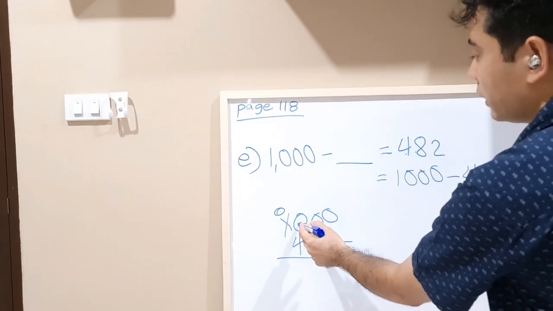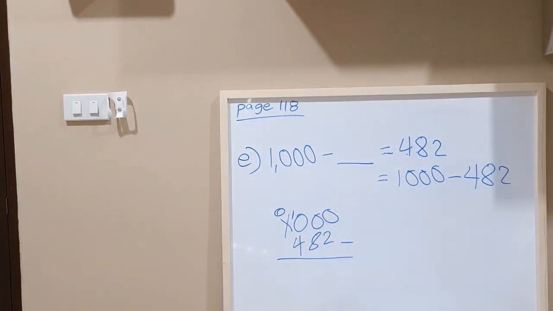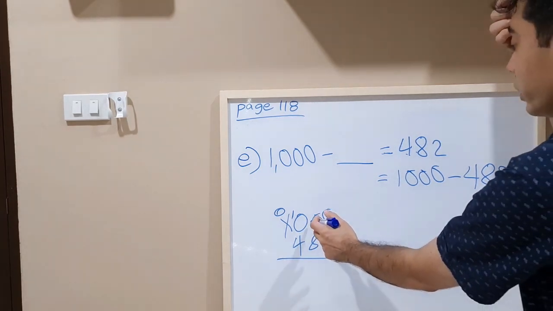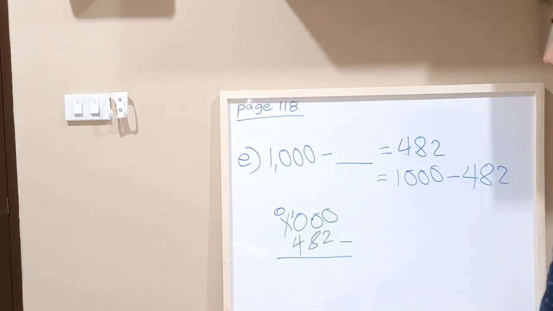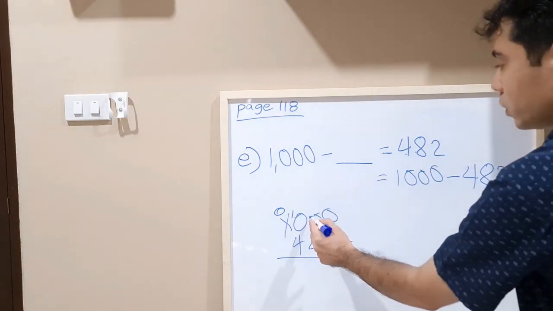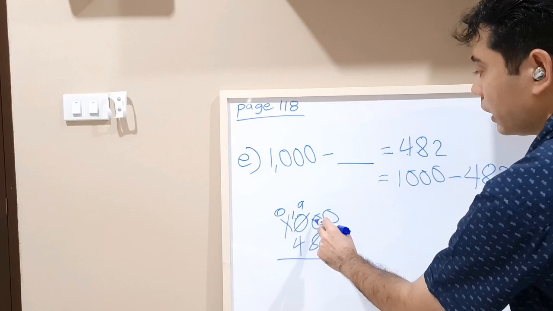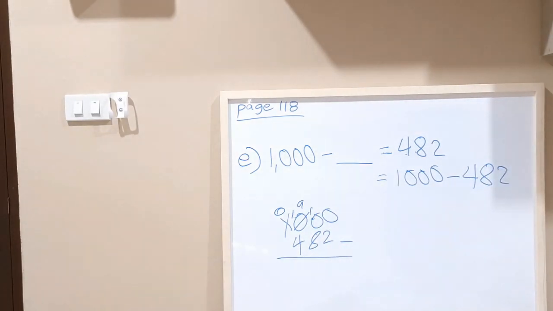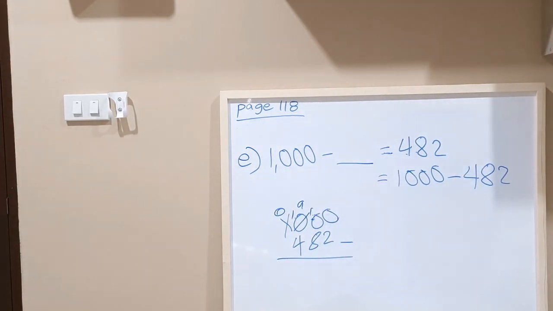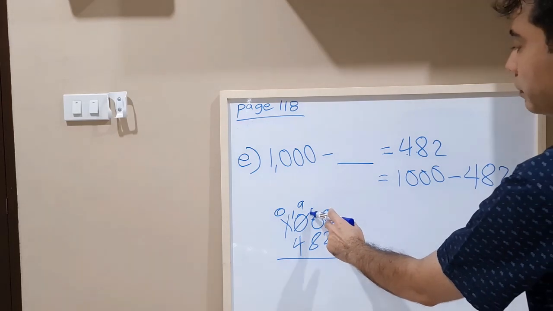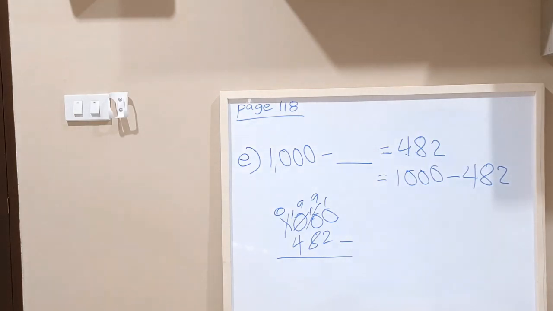And then the hundreds place, the 0 will become 10. And then the tens place can borrow from the hundreds place. So 0 here will become 9. And this one will become 10. Now the ones place can borrow from the tens place. So the tens place will now become 9. And 0 will become 10 from the ones place.